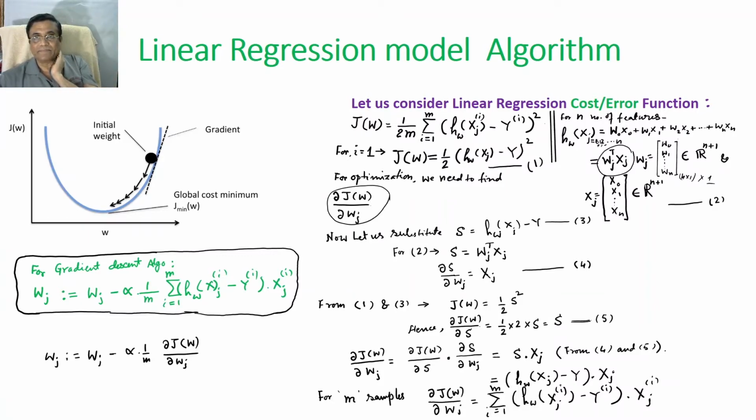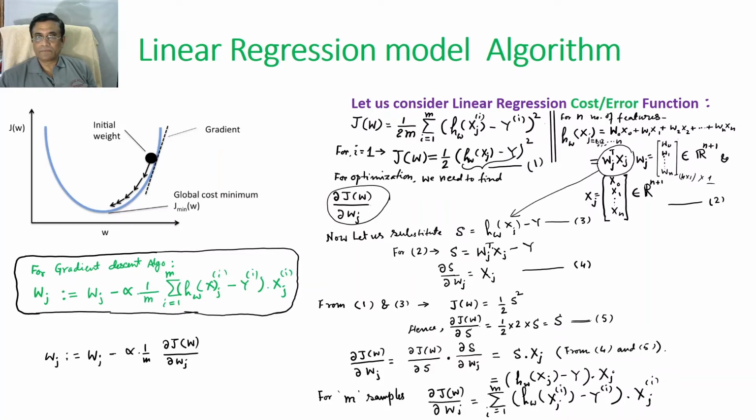Now I am making some substitution. I do not want to skip any step. So this is equal to S, my substitution. Now, from here I can write that S will be equal to this. Now, if I differentiate S with respect to Wj, what will it be?